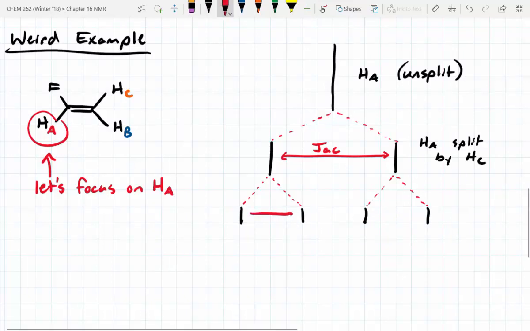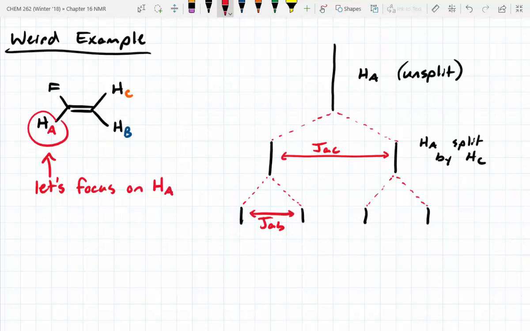We'll call this JAB. So does that make sense? The splitting for proton C that we labeled is very, very wide. But the splitting for B is actually a lot narrower. So rather than those 2 internal peaks overlapping perfectly and forming a triplet, they're actually slightly offset.